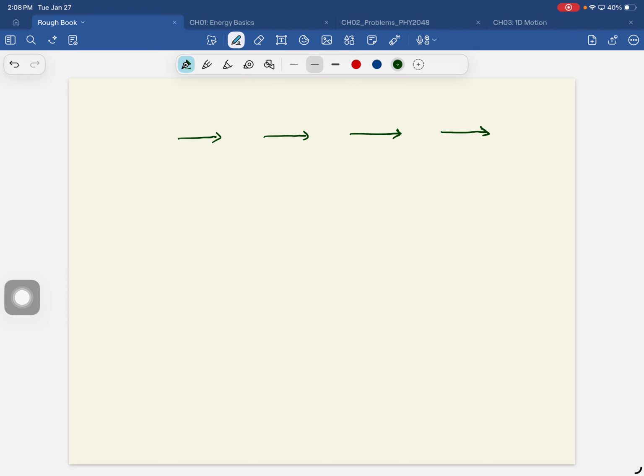If you have this function and this function, what is the information you can extract from it? If you have velocity, the subscript x just tells you it's the x component of the velocity, and that's the direction we are moving in right now. So we are considering one-dimensional motion.